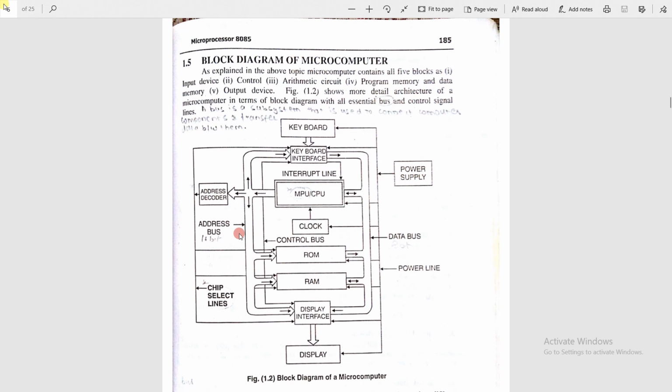It is used to decode the address. It will tell the processor that at this location are the output devices, input devices.